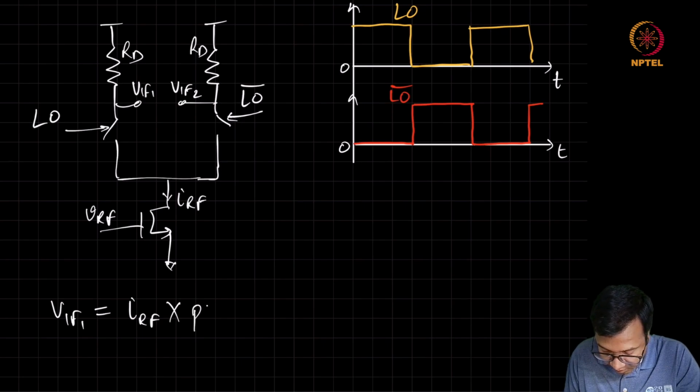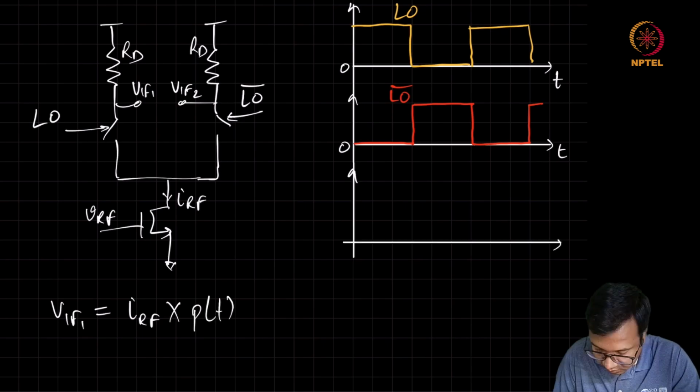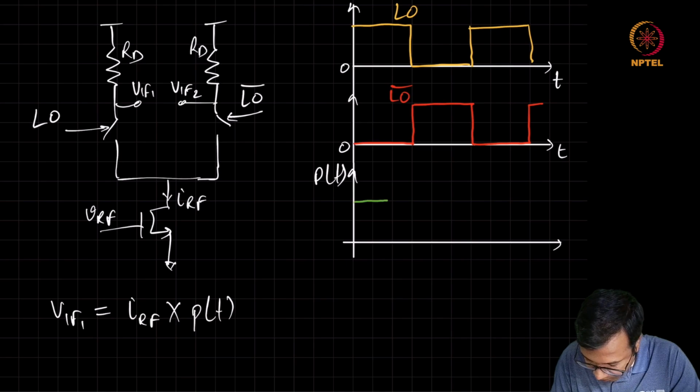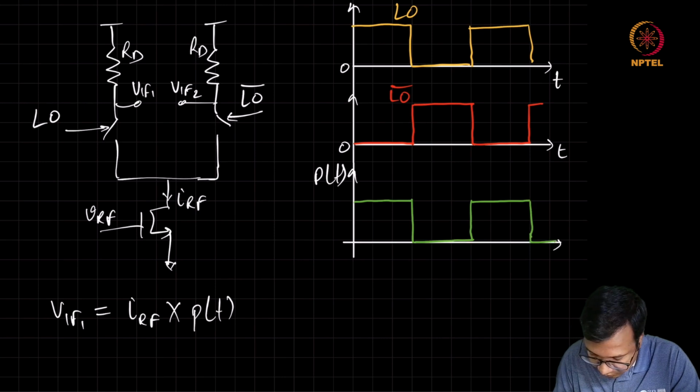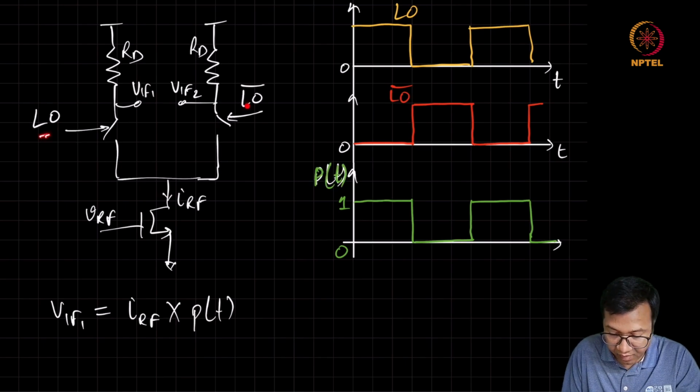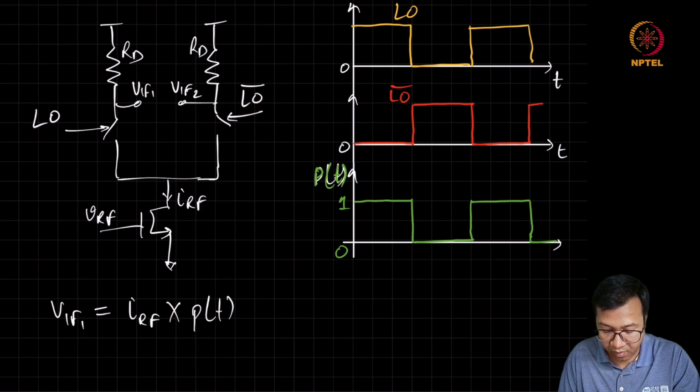Let's call it P of t. P of t is going between 0 and 1. So this LO and LO bar are the switching signals, deciding when the switch is turned on and off. And P of t is just a square wave which goes between 0 and 1.